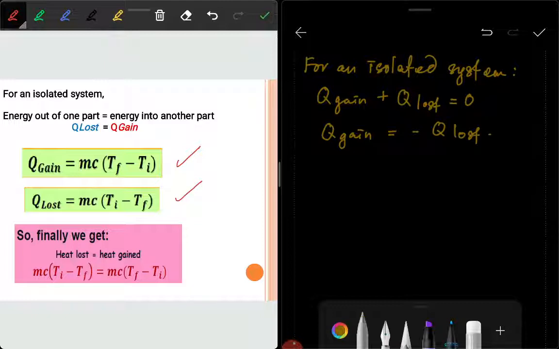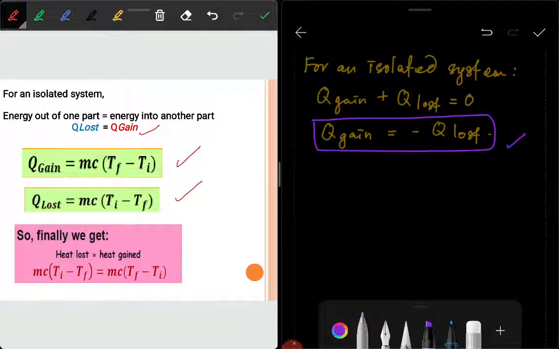I want you to use this equation. This one, this one. Actually, it's optional for you to choose to use this equation or this equation. What is the difference between these two equations?